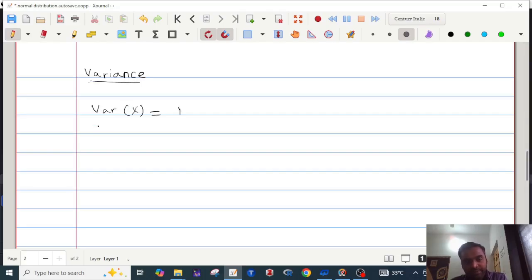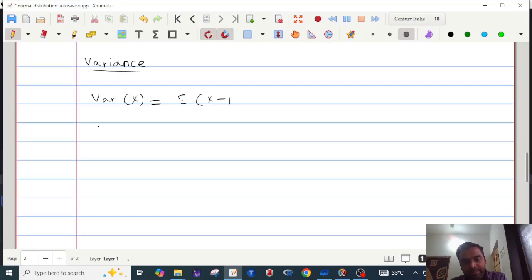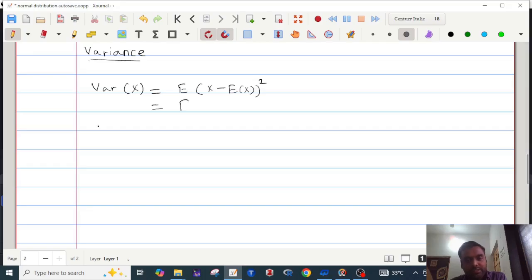Variance of x is expectation of x minus expectation of x bracket square, equals expectation of x minus mu bracket square, as the mean of normal distribution is mu.